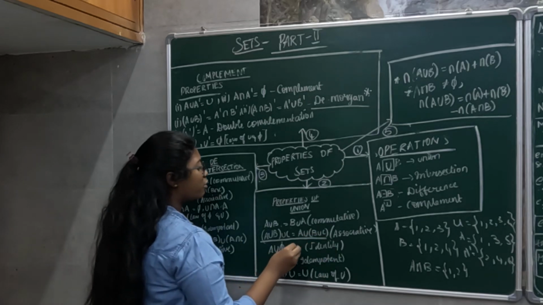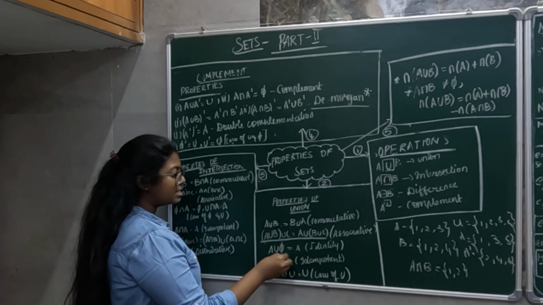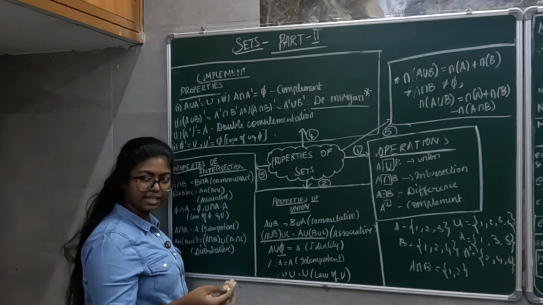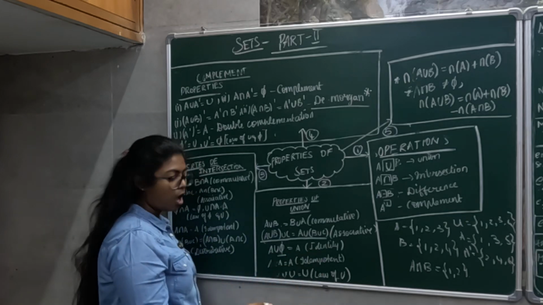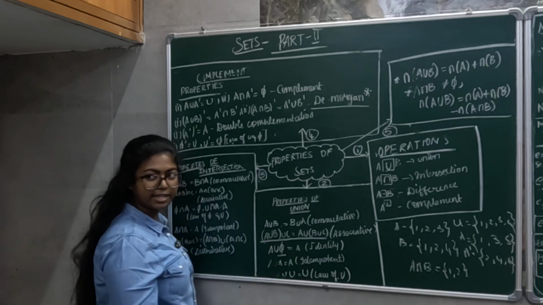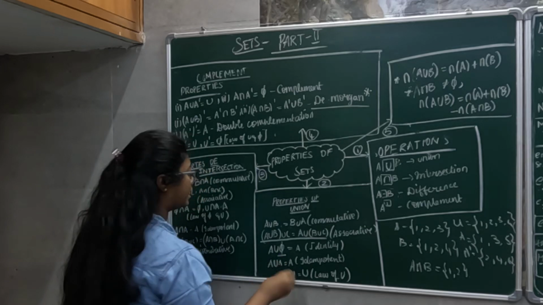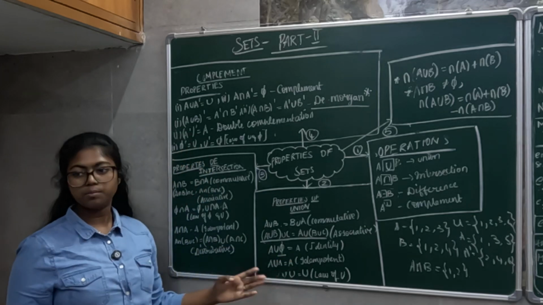So A union phi, which is a null set, is equal to A, where the null set acts as an identity. This is called identity law. Whatever is represented here will be the final answer in identity law. Then A union A is equal to A. This is called idempotent law.